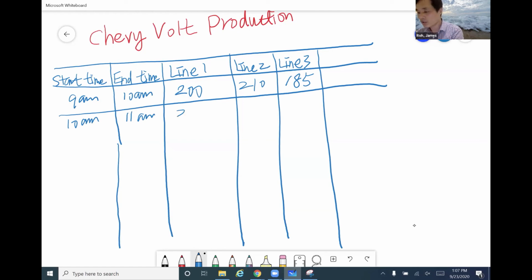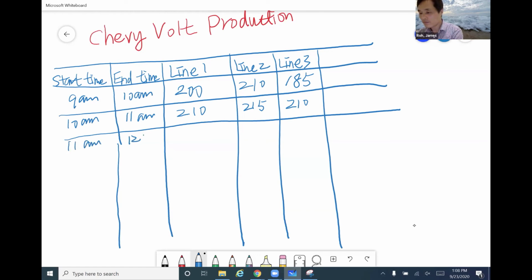And in line 1, 210 miles per gallon and 215 miles per gallon and 210 for line 3. And do the same for 11 to 12. And you did the testing and found it was 180 for line 1, 170 for line 2, and 240 for line 3.